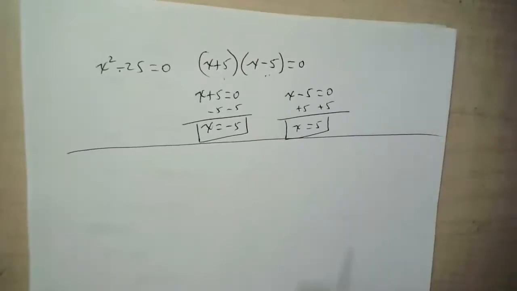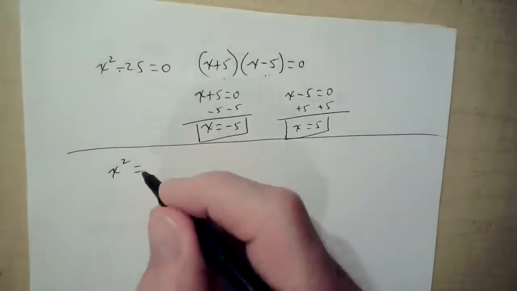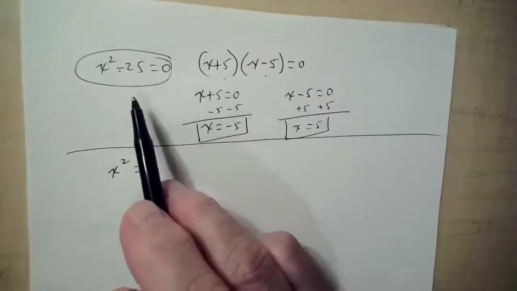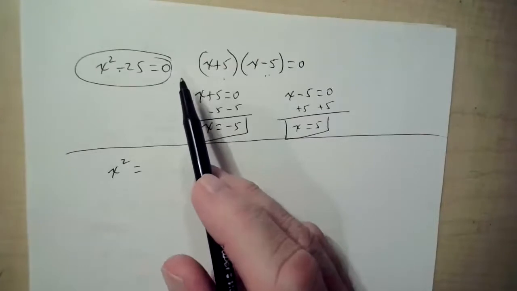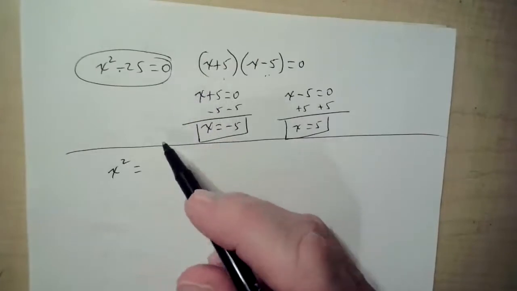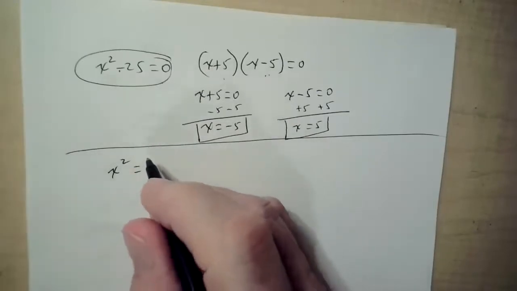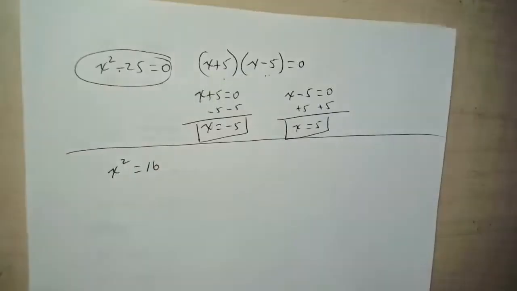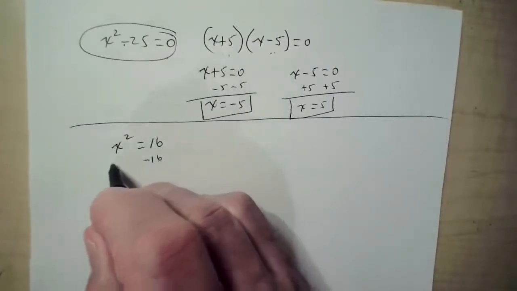This is semi-important here. Now, what if we have this? If we have x squared equals, remember, it's a long time, but we typically want to set these equal to 0. And then factor them, and then set each one of the factors equal to 0. So if x squared equals 16, again, we want to set this equal to 0.